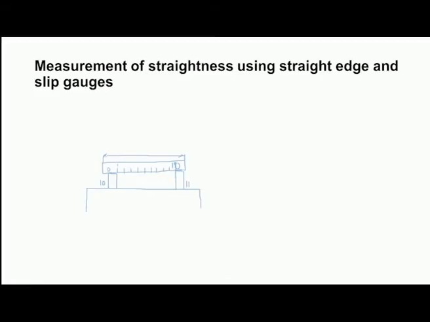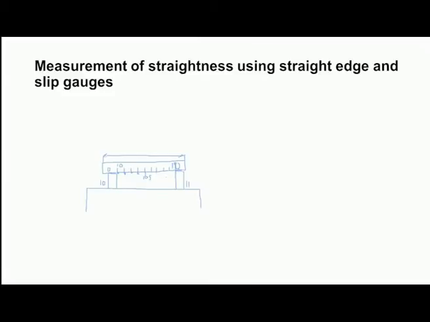The theoretical height at this point will be 10.1, and here it is 10.2, 10.3, 10.4, and here it is 10.5, then 10.6, 10.7, 10.8, 10.9 and 11. So, this is 10 and this is 11. So, theoretical heights we know.